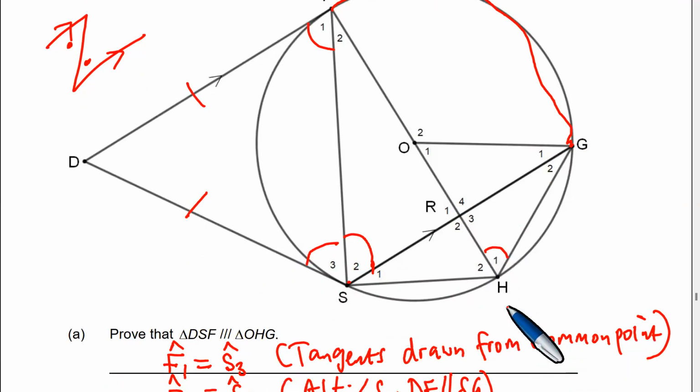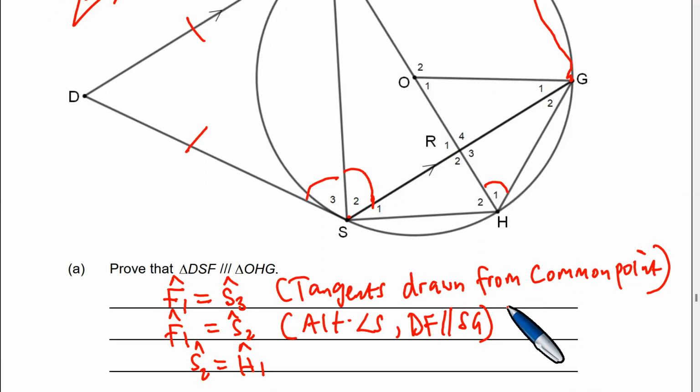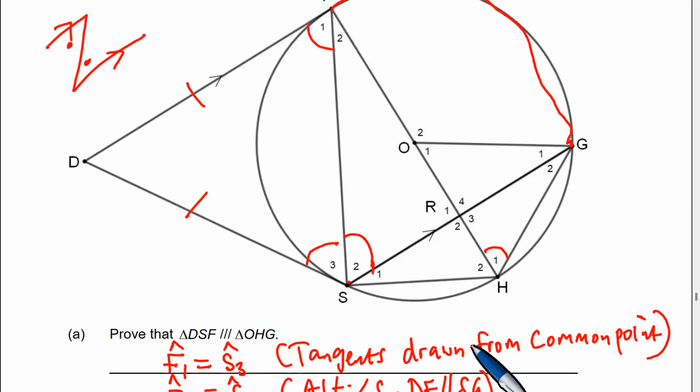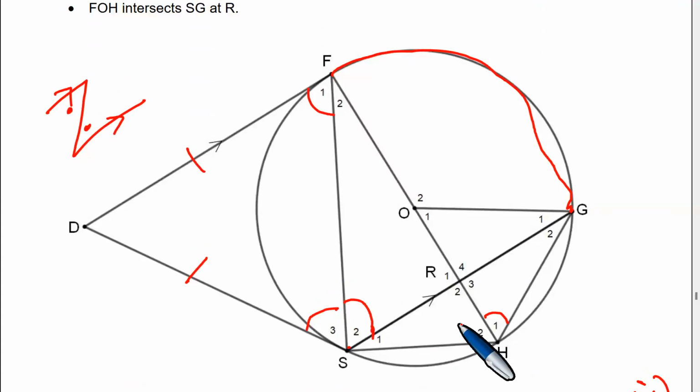These are angles in the same segment. So S2 is H1. The reason is angles in the same segment. The angles in the same what? In the same segment.